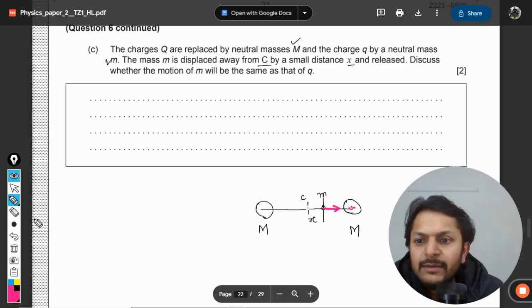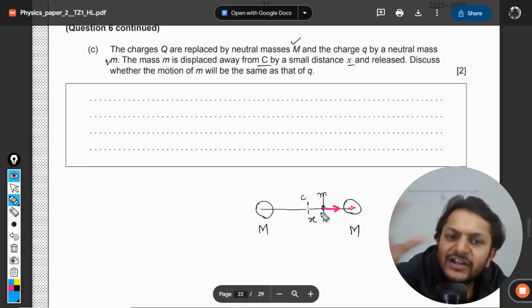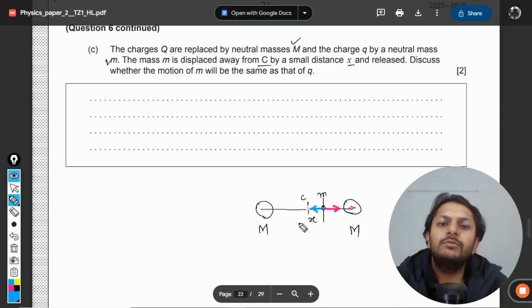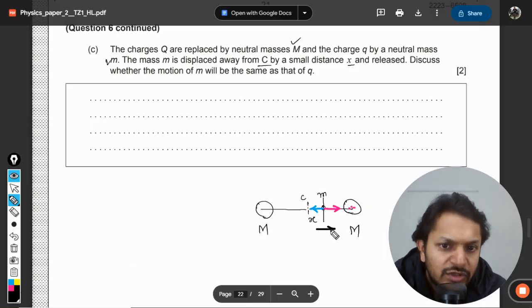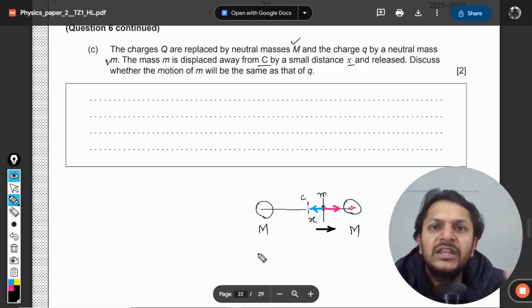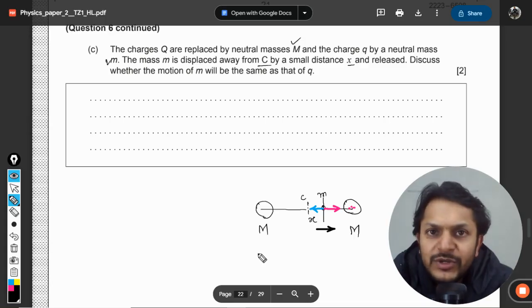This capital M will also be applying an attractive force on the small m, but that will be lesser in magnitude because the distance is bigger. It means that the net force on the mass small m is towards the right hand side, which is away from the mean position, which only means that this is not going to be simple harmonic motion.